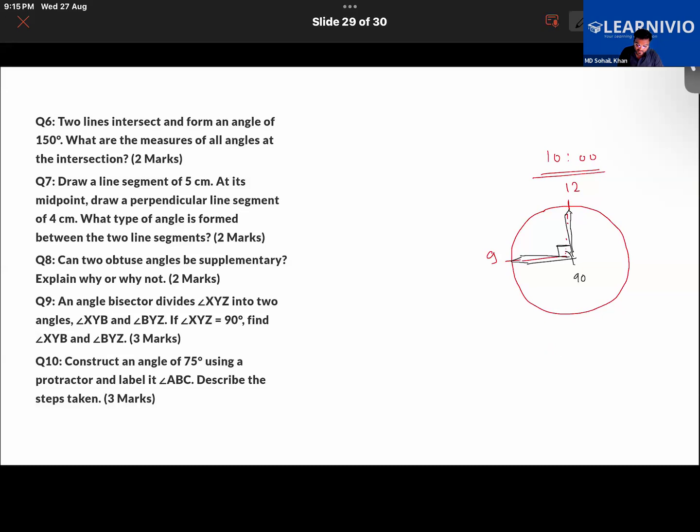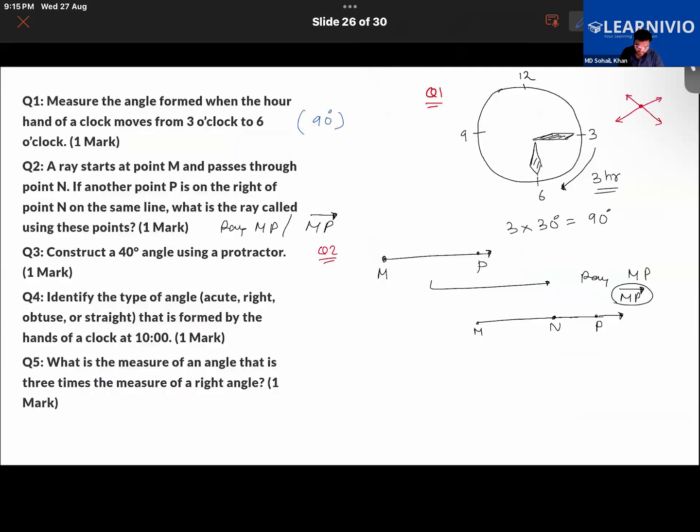Now it says the time is 10 o'clock. So the hour hand is over 10 now, right? Getting it? What is the angle formed? What did you think? Acute angle. Sir, I cannot understand question number 6. Okay, I will get back to you in a minute.